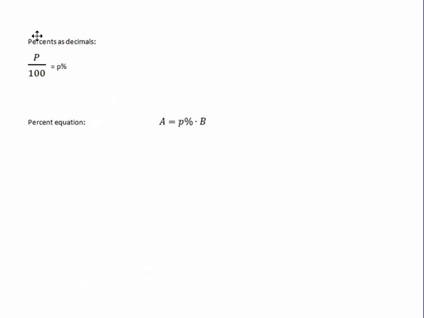So here we have percents as decimals. How can we think about percents as decimals? This is right out of our book. If I have some percent P, let's find out what's the decimal for 30%. We can do this as 30 divided by 100.